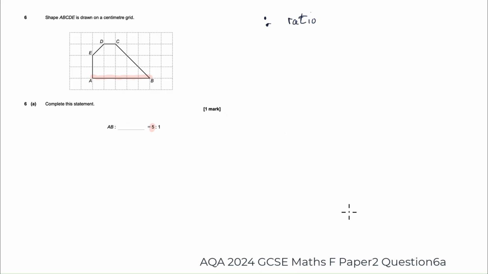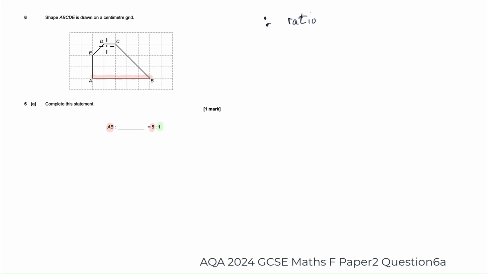So what we're looking for is a line in this diagram that corresponds to length 1. We've got AB corresponding to 5. So the missing line would have to have length 1, and we're required to put the name of that line in.